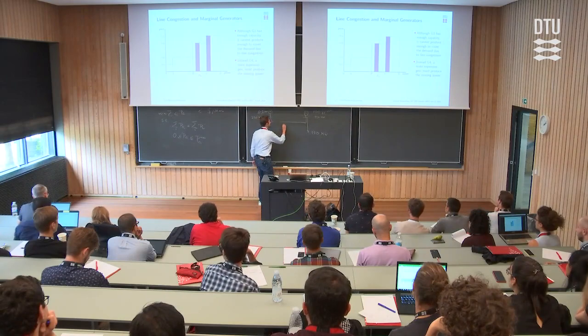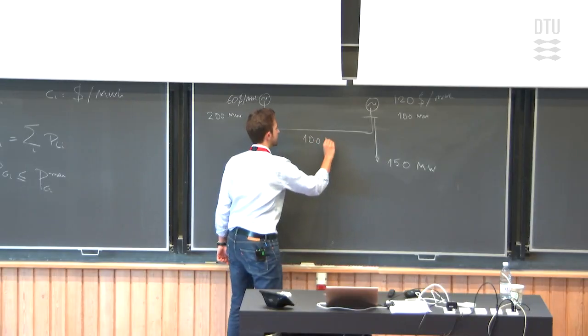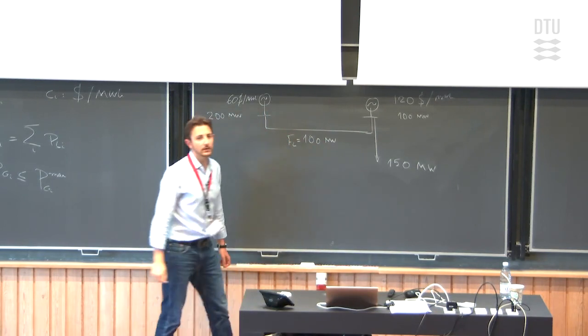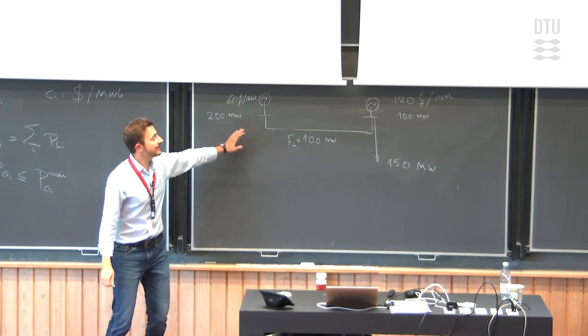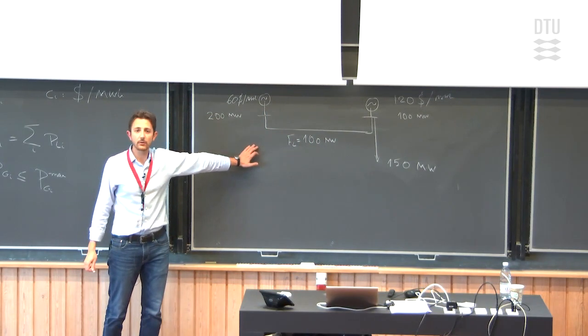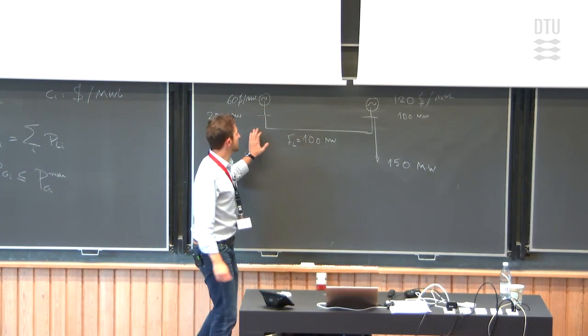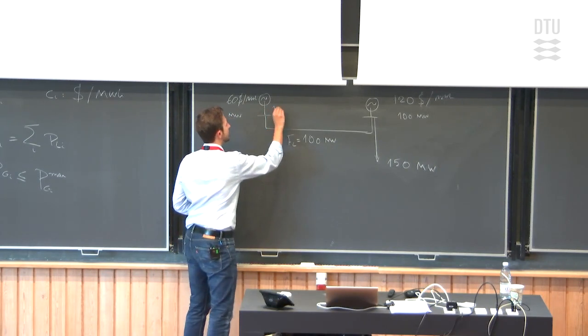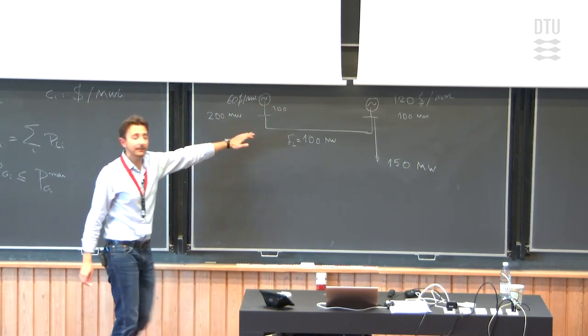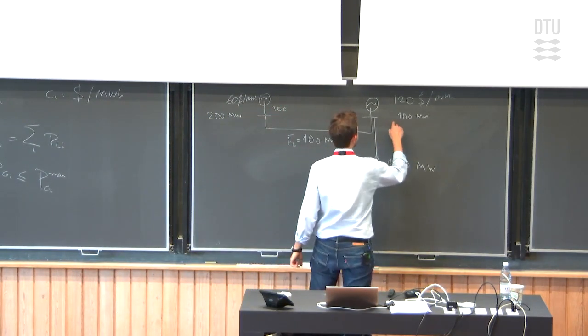If I assume here that I have a 100 megawatt limit, the left generator can no longer provide all the power for my load. So I have to dispatch this 100, which can actually provide much more, right? But I have to go to 100, and then the 50 must come from here.